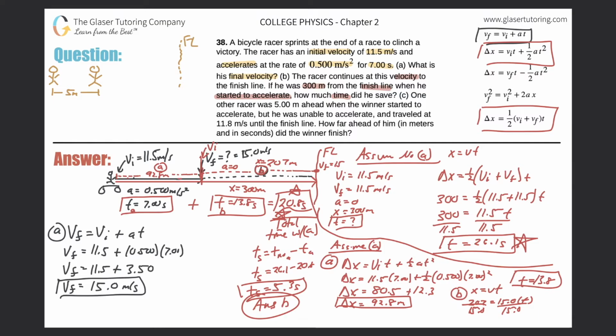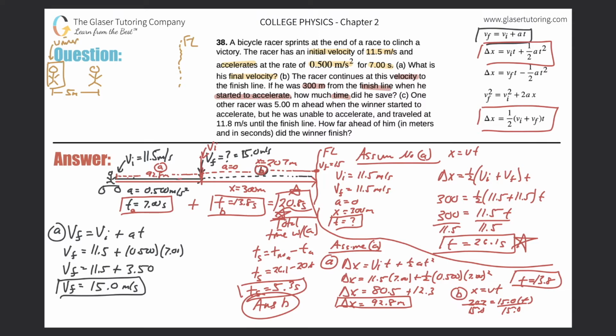There's too much he and him and this and that, and not enough definition in what they're talking about, so it's a little hard to wrap your head around. But what we just calculated, if we go back in the problem, was information about the winner. So this guy's the winner.